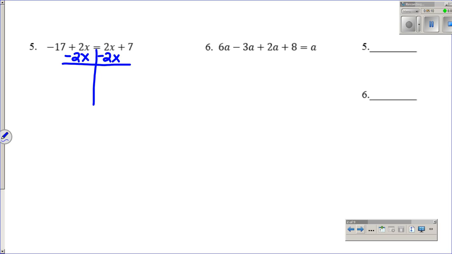And when I simplify, 2x minus 2x is 0, so I'm only left with the negative 17 on the left, and on the right, 2x minus 2x is also 0, so we have positive 7 on the right. So does negative 17 equal positive 7? No, that is not true. So this is no solution.